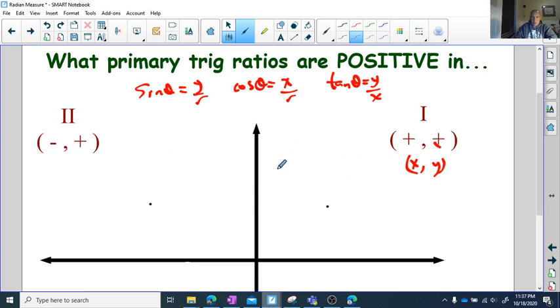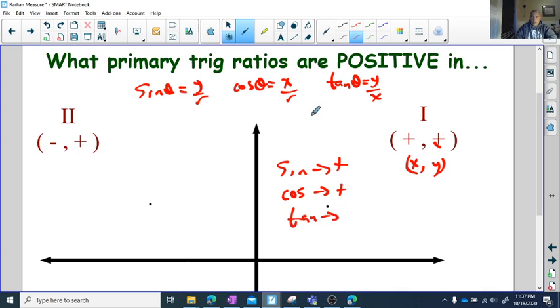So looking at your ratios, in quadrant 1, I'm just putting here whether it's positive or negative. So the sine ratio should be positive. Remember, r is always positive, so it's positive over positive. Cosine should be positive number over a positive number. So cosine's positive in quadrant 1.